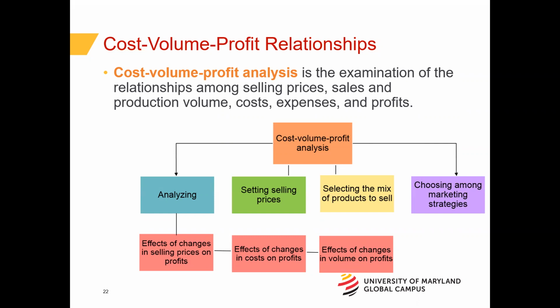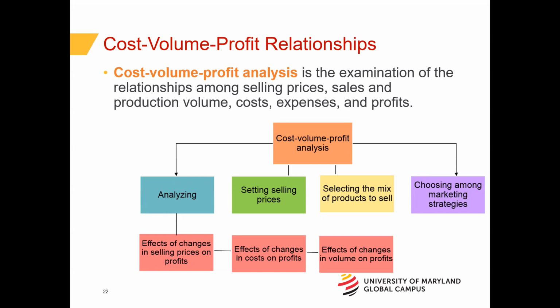So from that perspective, we look at cost, volume, profit analysis. In cost, volume, profit analysis, this helps us in a couple of different ways. It helps the business to analyze its sales price, its changes in profits, and its impact on volume. Cost volume profit analysis also helps the business to set sales prices for their respective products.